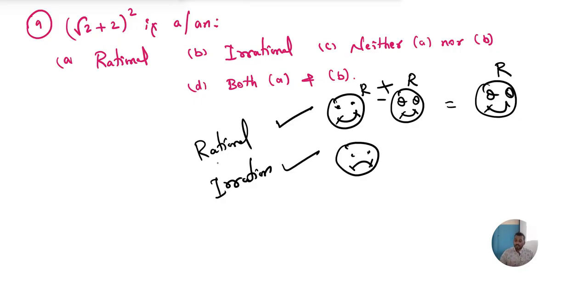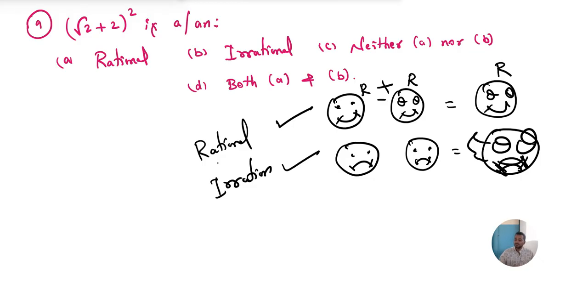जब एक बुरा बच्चा एक बुरे बच्चे के साथ में मिलेगा तो वो बदमाश हो जाएगा. Clear? This is irrational number. When two irrational numbers, if you add or subtract, answer is irrational. ये कौन है?